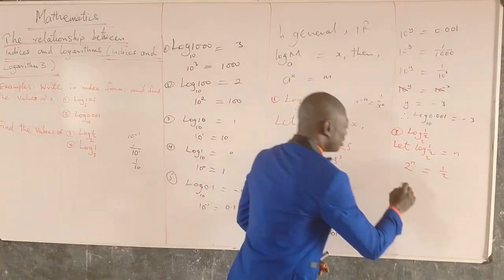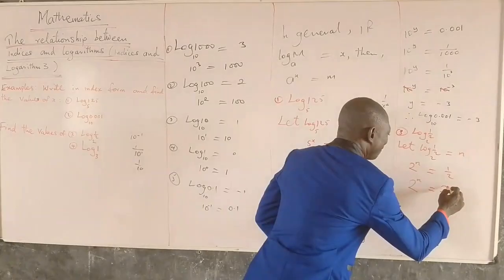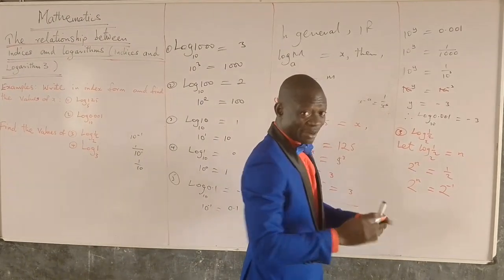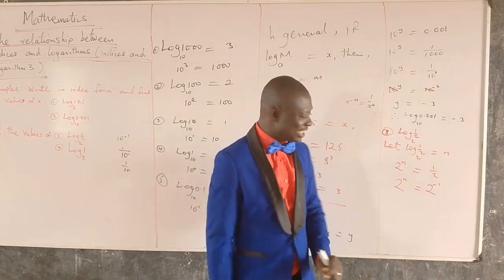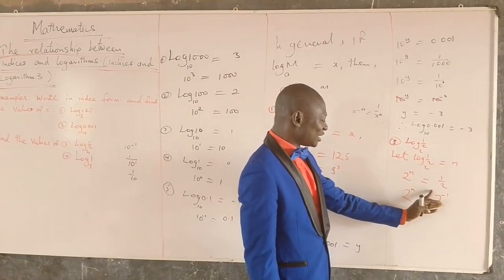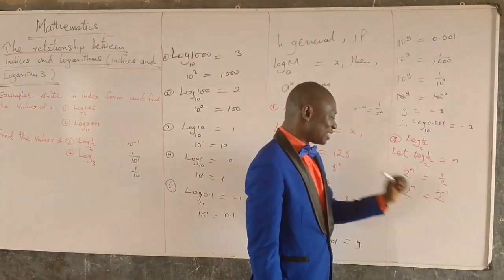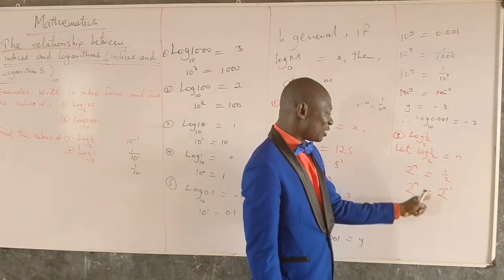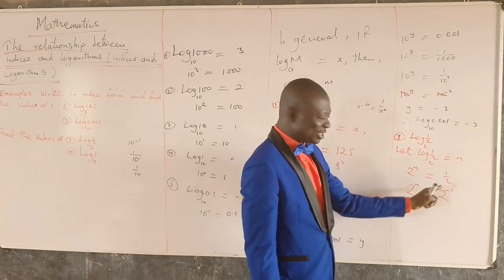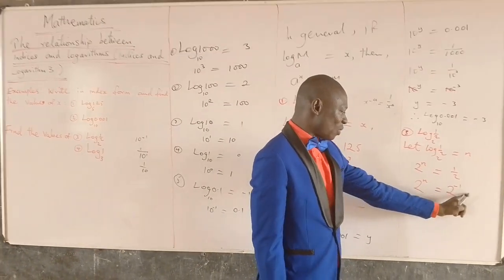And so we are going to say 2 raised to the power n is equal to 2 raised to the power minus 1. Remember, according to the laws of indices, that if we write our dividing line here, through our dividing line, the negative sign will go. That means we are changing that to 1 over 2. So, actually half is something as 2 raised to the power minus 1.